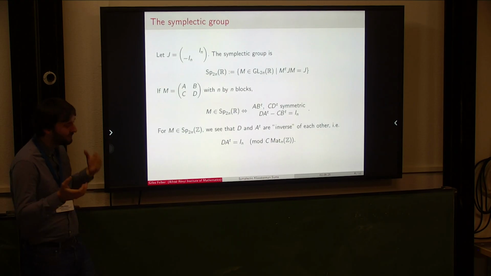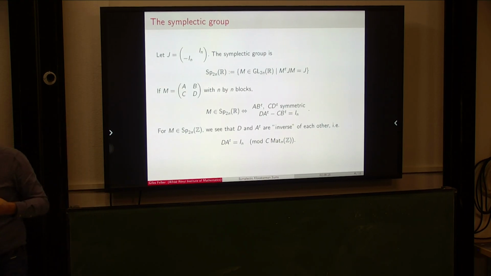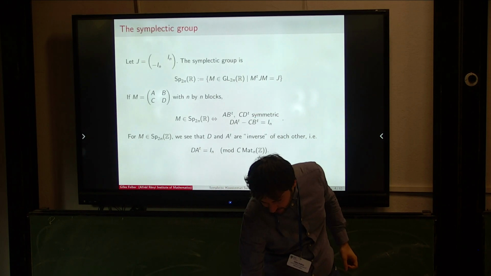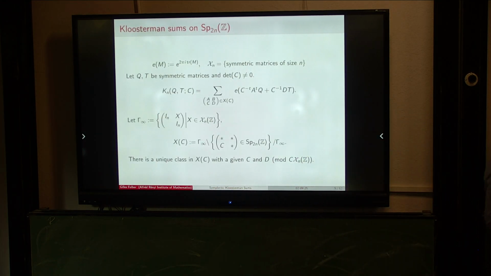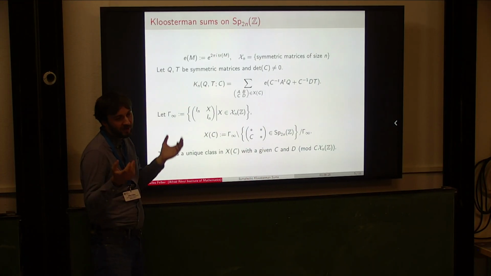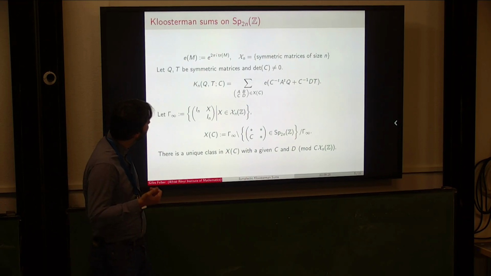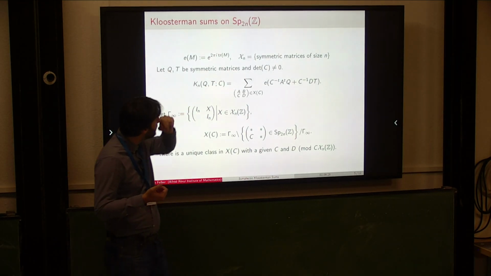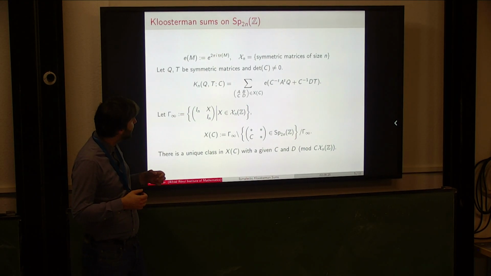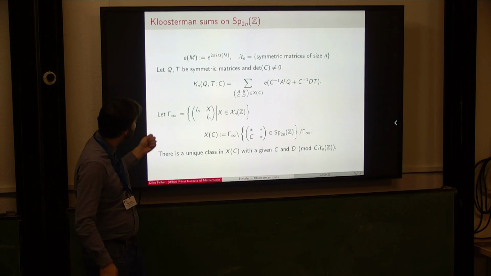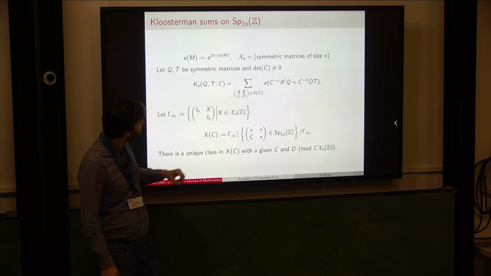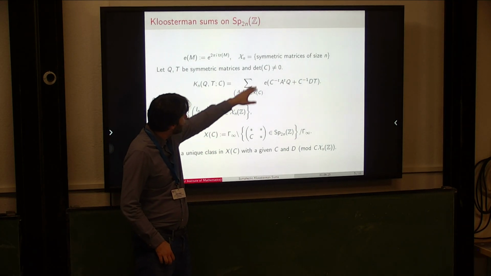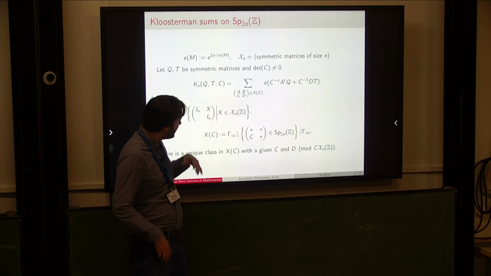From this, you can construct a more general Kloosterman sum. This is the definition. Now I rewrite e(M) for e to the 2 pi i trace of M, so if M is a number, it's the same thing. And curly X_n is the set of symmetric matrices of size n. I take two coefficients Q and T that are symmetric matrices, and take C with nonzero determinant and integral.